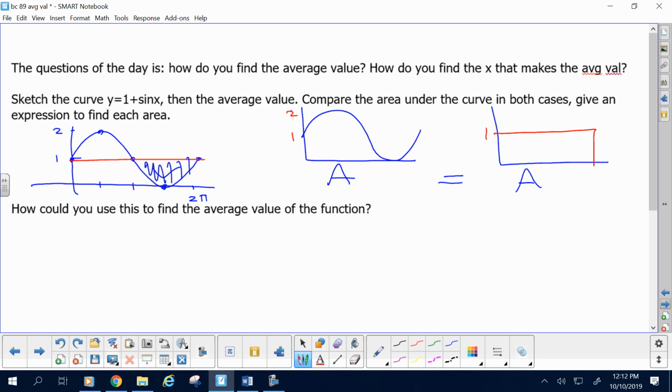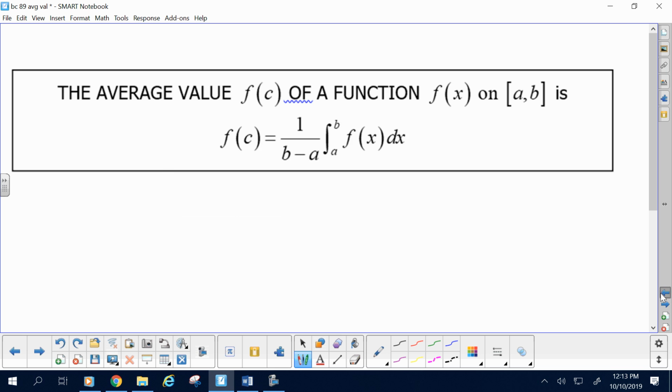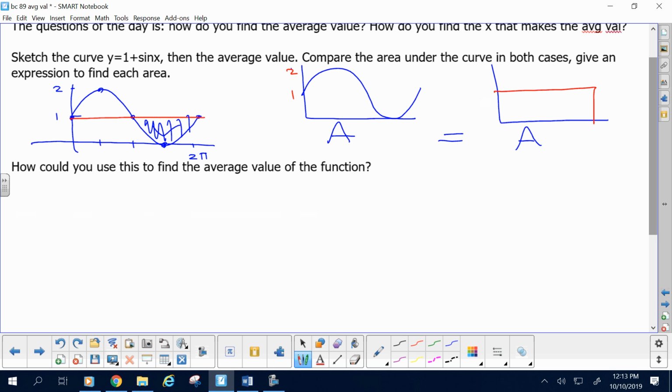Well, that's actually how you can find the average value. If I were to take the area under the curve, the area under the curve should equal the area of this rectangle, yeah?